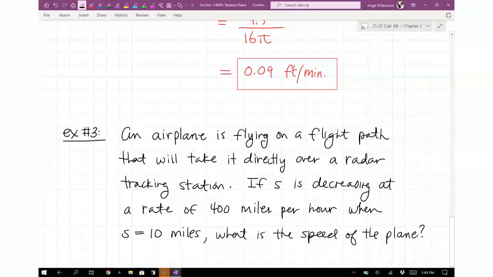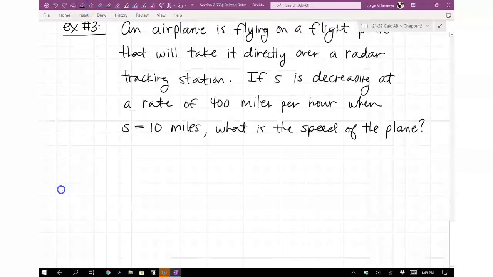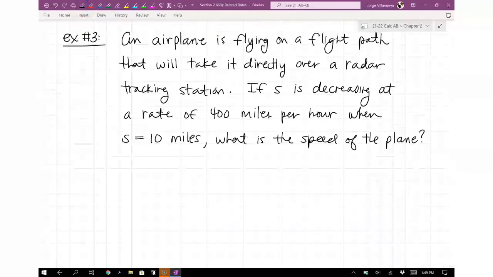All right, so let me draw a picture as you guys are writing stuff out. So they have a little house with the radar on top of it.